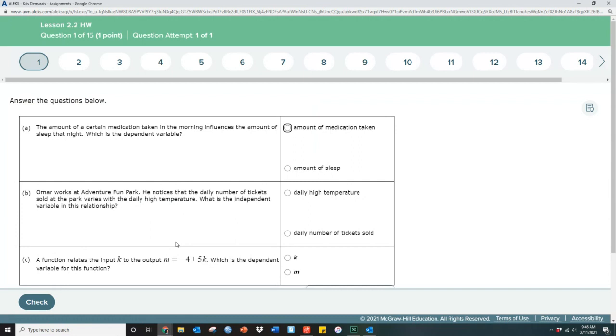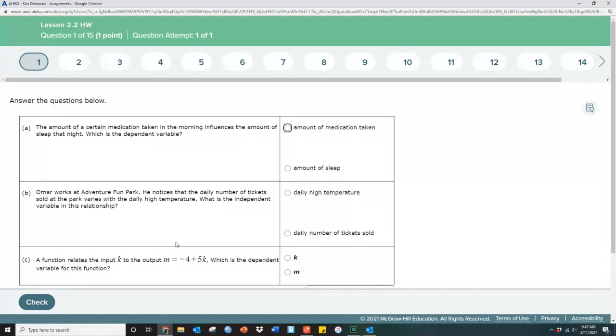Now, you're going to have questions similar to this, right? So it says we're looking for what is the independent or dependent variable. Now, I kind of gave you a little bit of a taste of that when I showed you the book. Now, it says the amount of certain medication taken in the morning influences the amount of sleep that you get at night. What is the dependent variable? And what would you guys think?